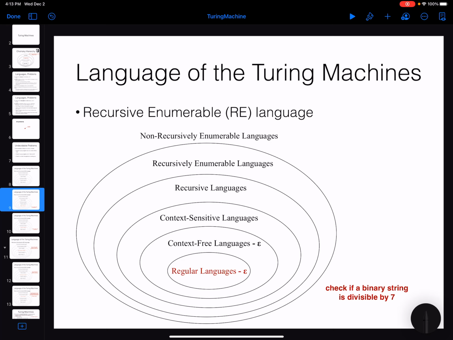So not only are they decidable, they are very simple. Basically they are definitely solvable in linear time, because you just need to read the input only once.